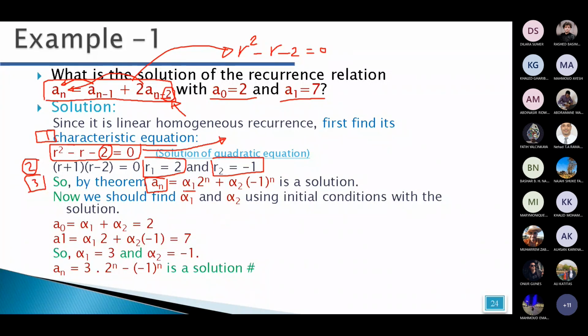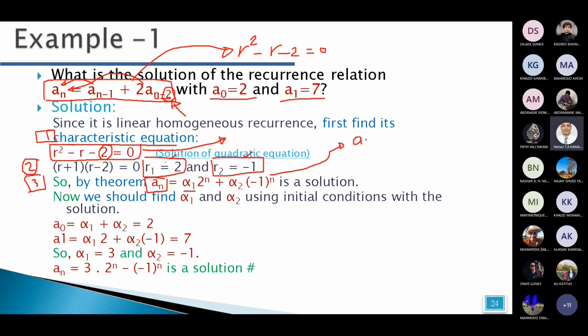We have two solutions for the characteristic equation, yes? So the solution is like this.